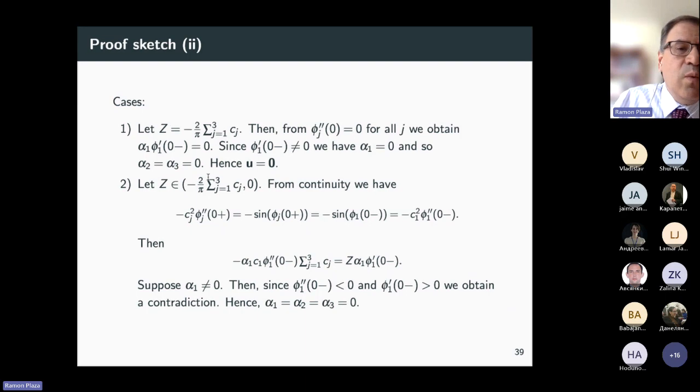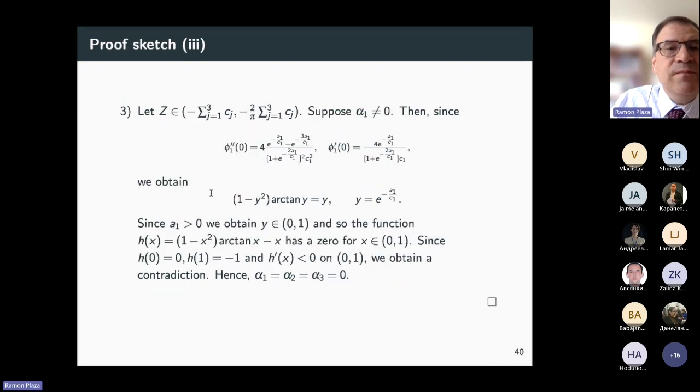Of course, when Z is in between certain values. Okay, I will skip these. Then, depending on the value of Z, you can conclude that the solution has to be 0, and therefore the kernel has to be 0.